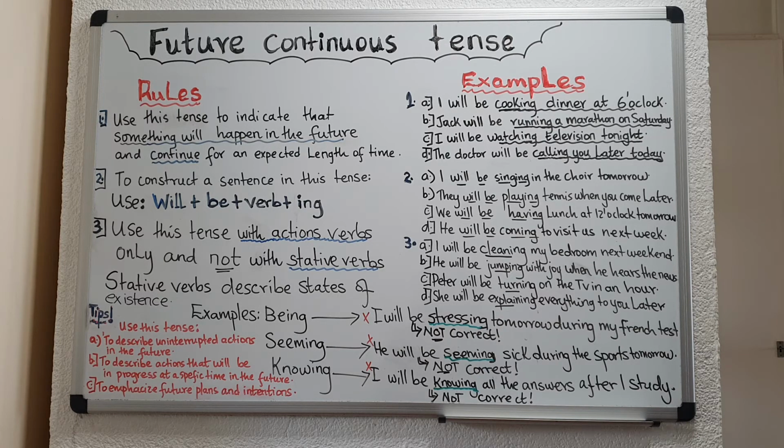In our examples, the verb in the first sentence was sing, and then we added ing. In the next sentence, it was play, and we added ing. In the next sentence, it was have. We added ing. And indeed, the verb was come, and we added ing. So it really is that simple.